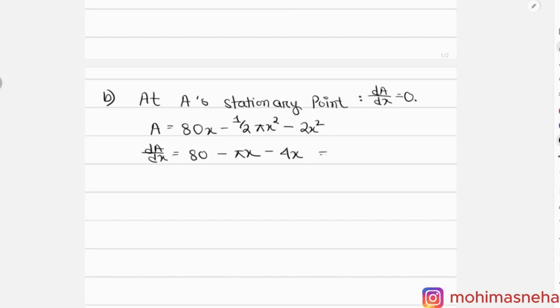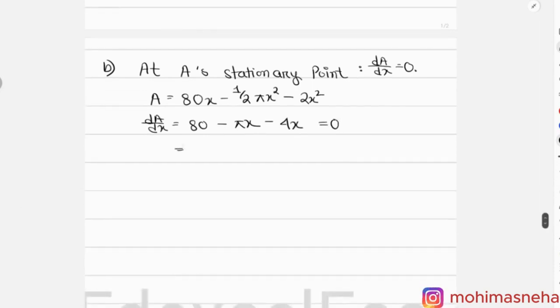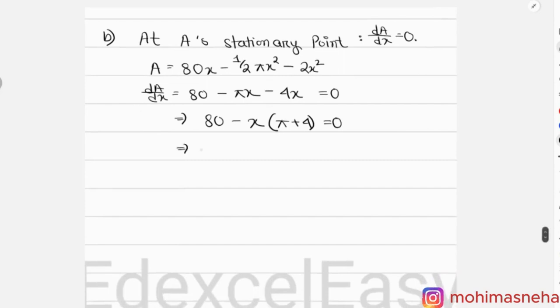This entire equation will be equal to 0, which means we can take x common over here, which is 80 minus x pi plus 4 equals 0. At the end, you can write x times pi plus 4 equals 80, and x is eventually 80 over pi plus 4.